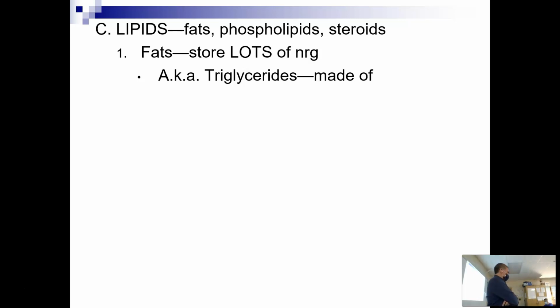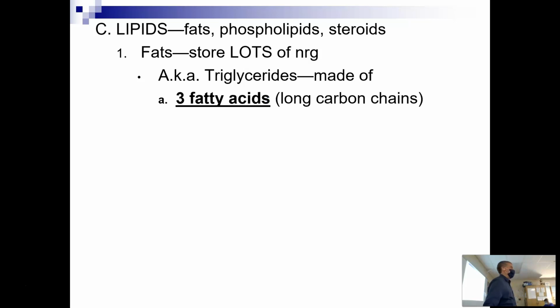In order to make a fat, and here comes the drawing part, any lipid really is constructed, the tails come from the fact that they're made of one or more fatty acids. And in the case of a fat, there's 3 fatty acids on a backbone of another molecule. Now the acid part tells you what? The fact that it's a fatty acid, just like it was an amino acid.